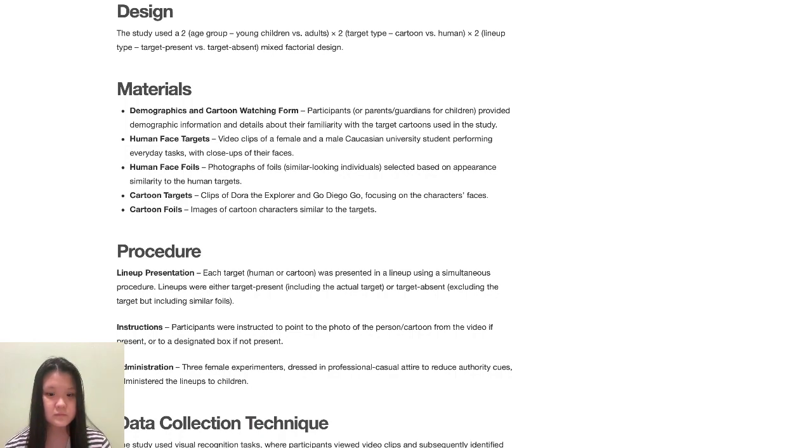And it was also used for comparison of target familiarity, which I think they used either the cartoon or the human. Okay. Yep.